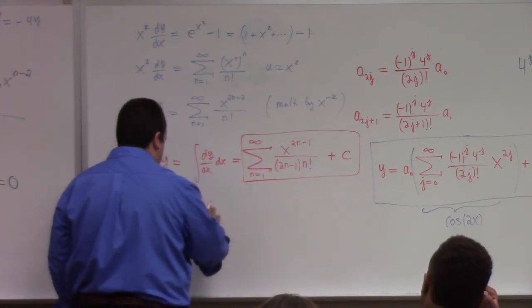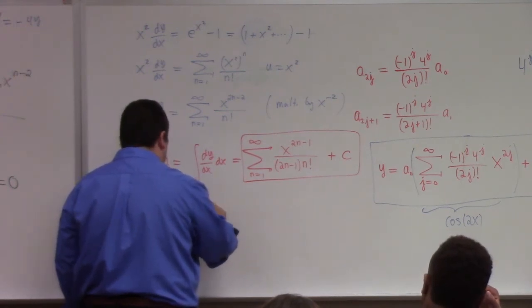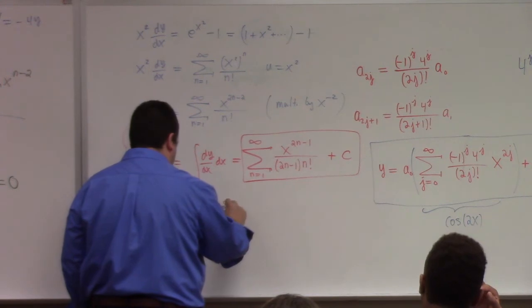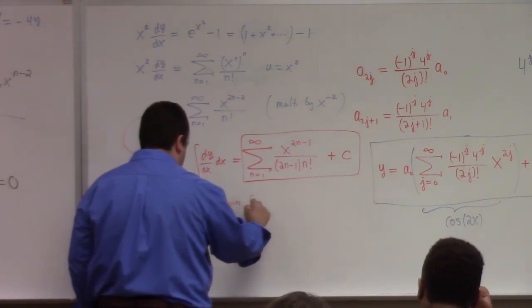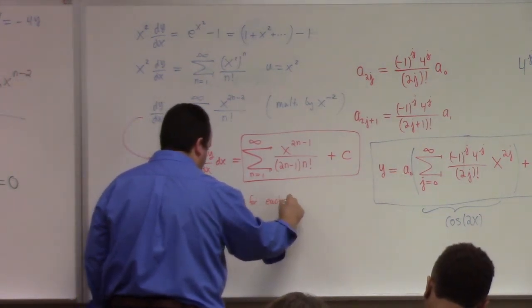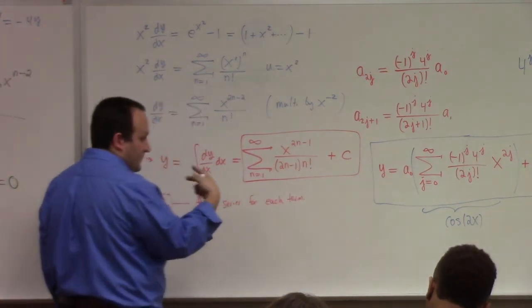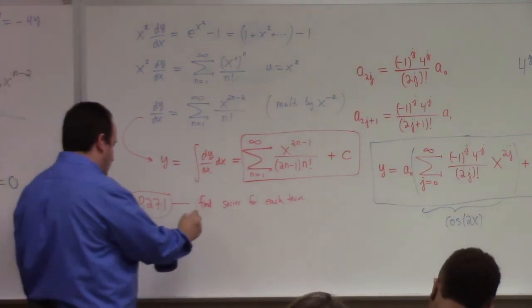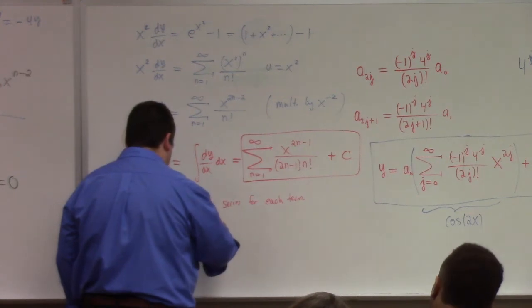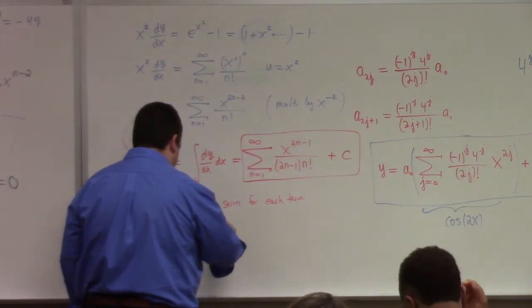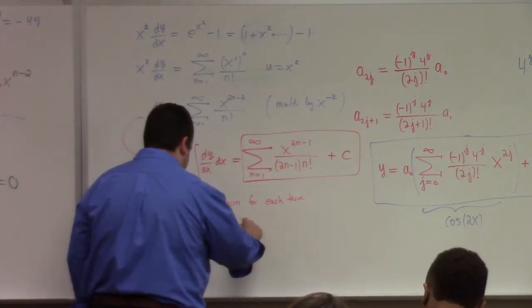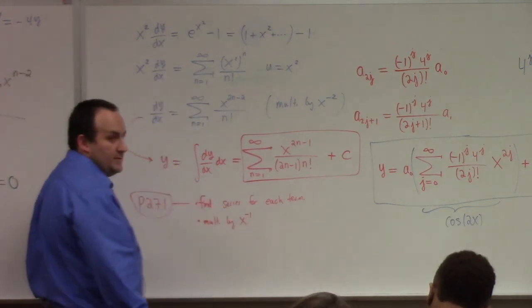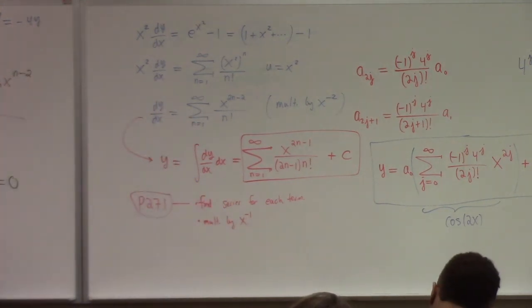Well, first of all, find the series for each term. Find the series for each term in that problem. Notice that every one of them has an x in it. So multiply by x to the minus 1, right?